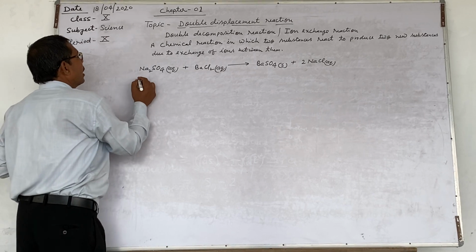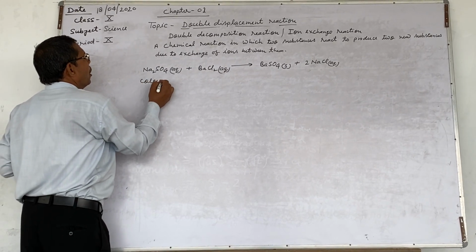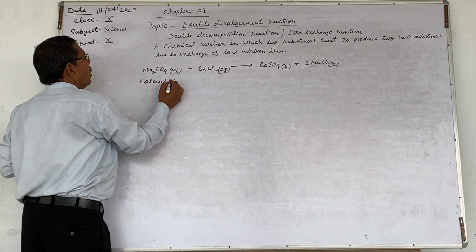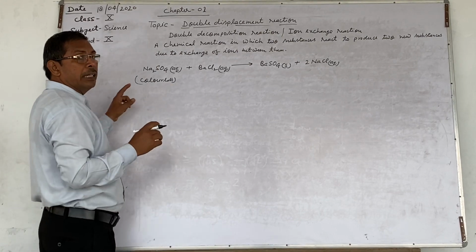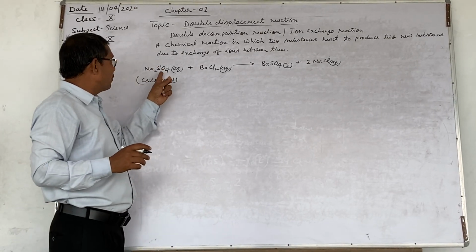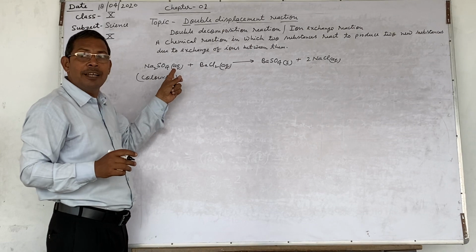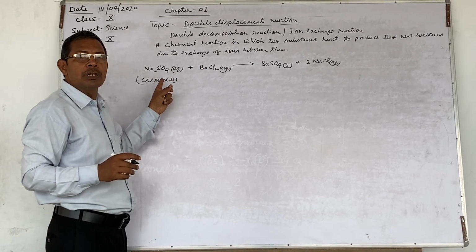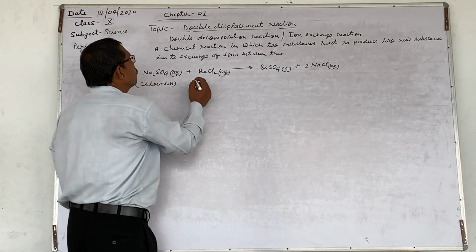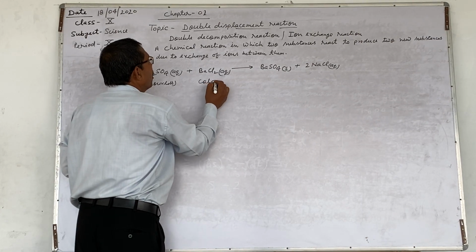Here, this is colorless. Aqueous means, as you know, that sodium sulfate has been dissolved in water. That is aqueous solution. Watery solution, here also watery solution, it is also colorless.